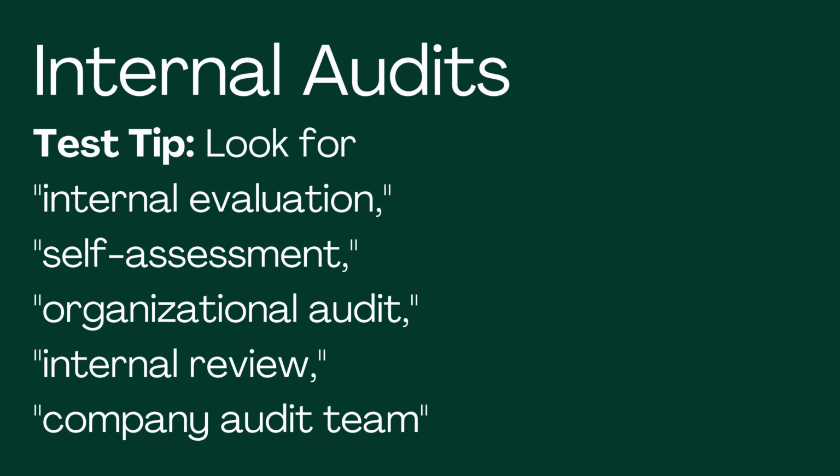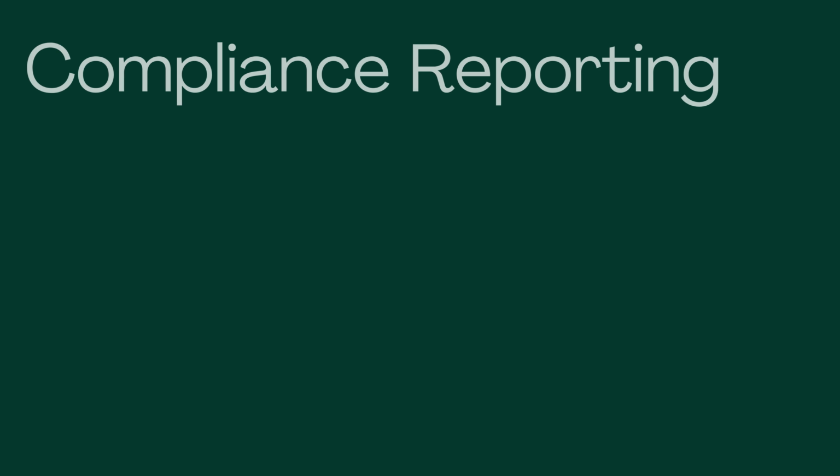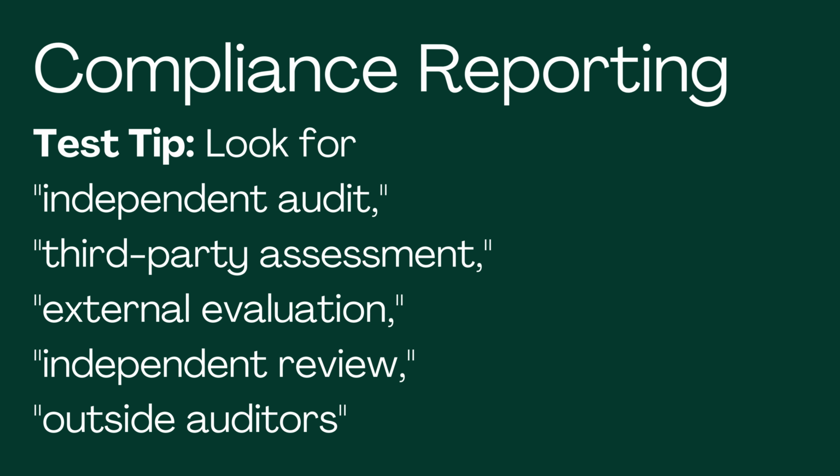You'll see internal evaluation, self-assessment, organizational audit, internal review, or company audit team. And external audits are evaluations conducted by independent third parties to provide objective assessment of compliance controls and security posture. So instead of internal audit, you would see independent audit, third-party assessment, external evaluation, independent review, outside auditors.